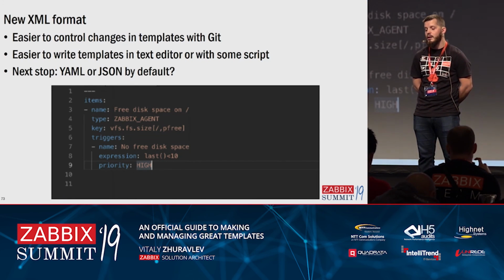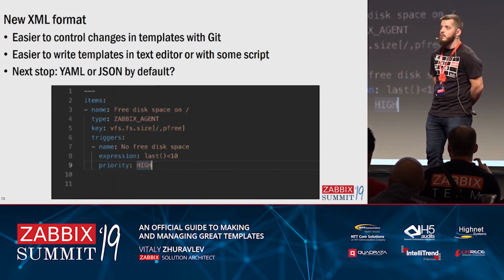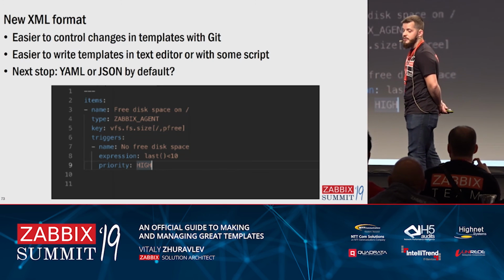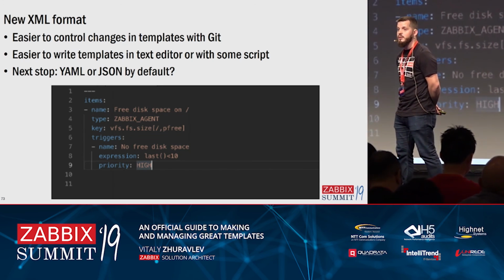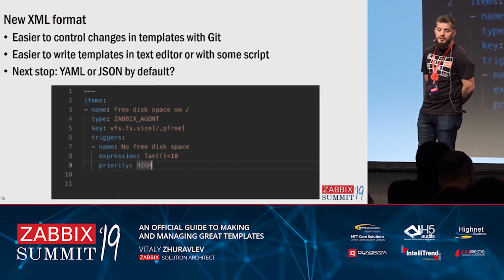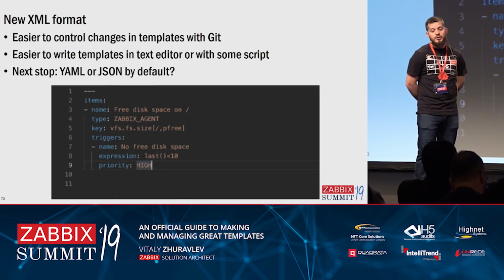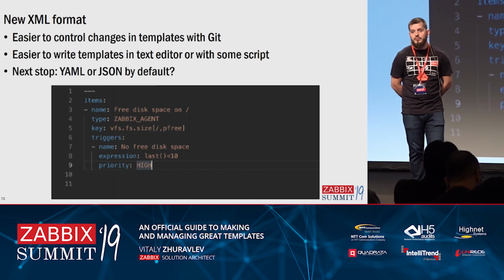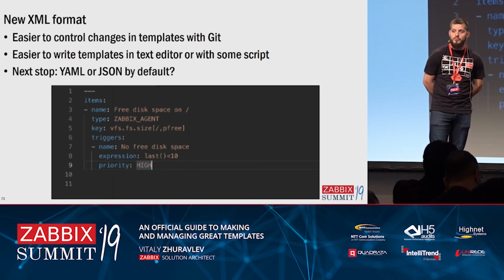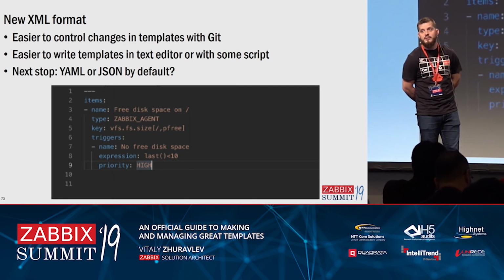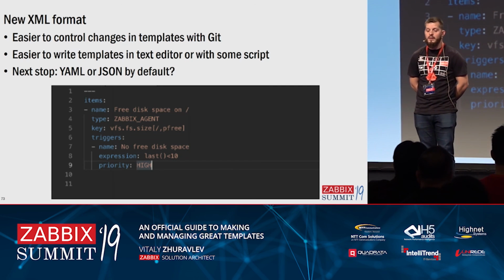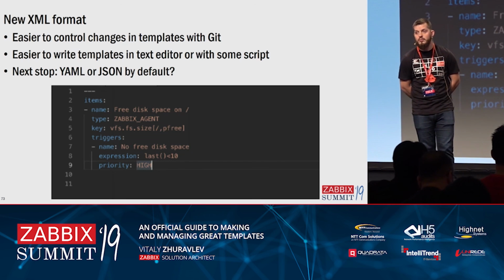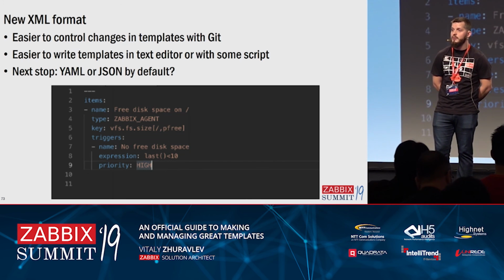So at this point, we are getting to the point where it's much easier to control changes in templates using some version control system. And it's easier to write templates now just by using a text editor or some automation with scripts. And I guess the next step here would be to switch over to full support of JSON or YAML for templates here.